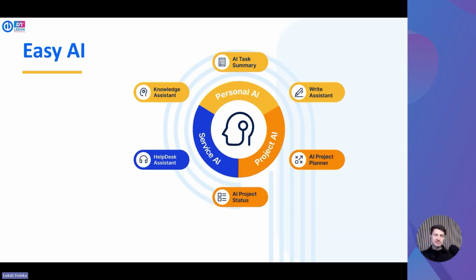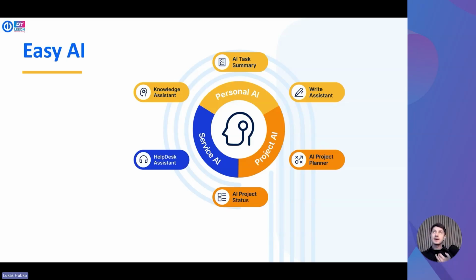You have probably spotted Easy AI at the bottom of the diagram, obviously. We've broken it down into three categories within Easy Redmine: personal, project, and service AI, depending on its purpose. The personal AI generally helps you write better or translate. It summarizes tasks for you to save time and get quick context, or scouts through the entire knowledge base in your app to get quick answers and insight.